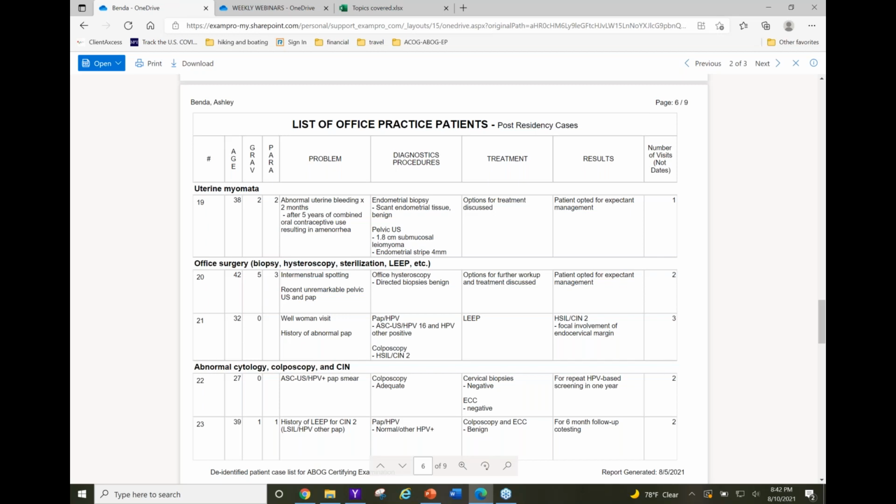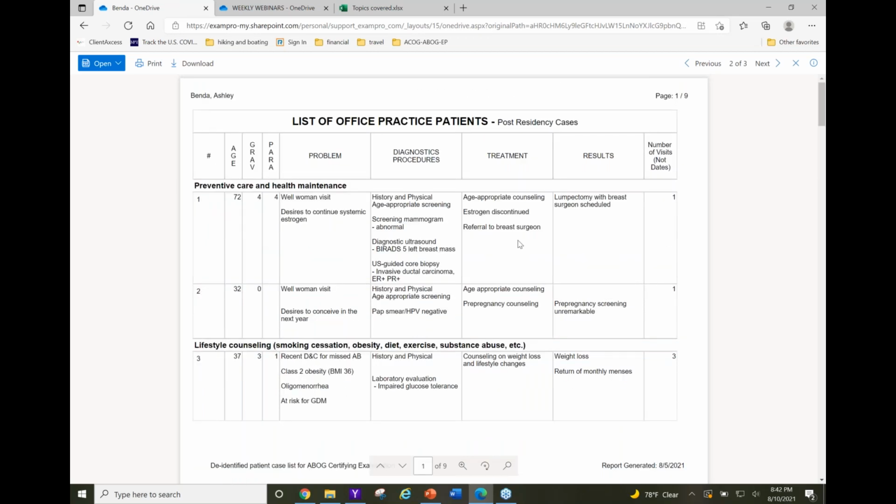It might be on the first. I might have moved this to preventative care and health maintenance. 72-year-old G4P4? Yeah, there she is. Okay, so let me just see here.